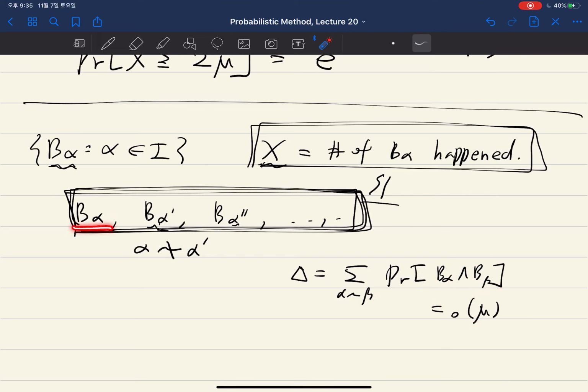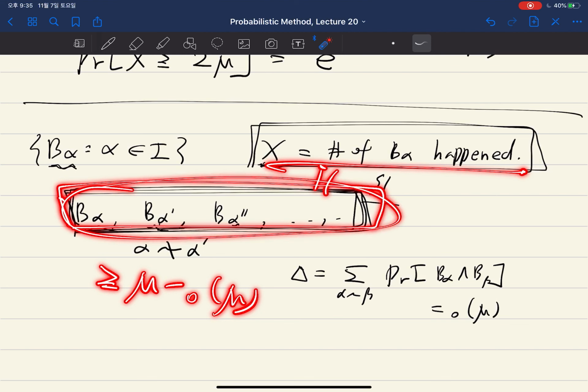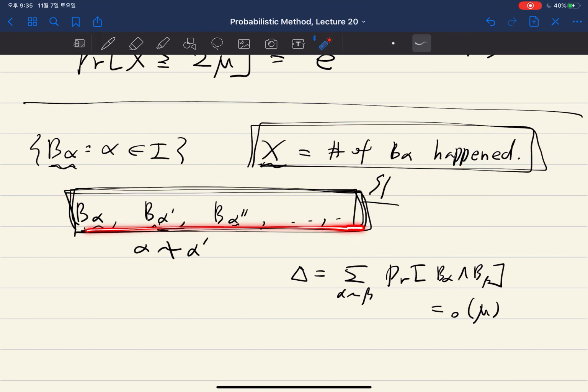So if we just count the events that are pairwise independent and they happen, it must be at least mu minus little mu. If this is close to mu, then the upper bound is close to mu, and the lower bound is that minus this delta, which is small. So this count and this count intuitively should be very close.